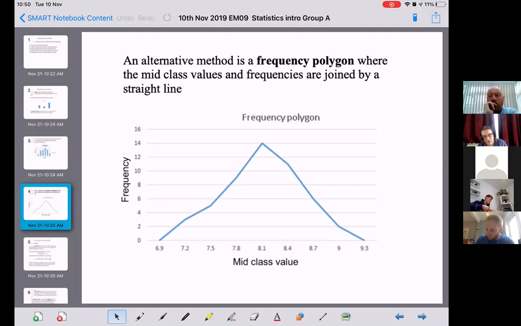So you've got the mid-class values on the x-axis, the frequency on the y-axis, and then you plot your points like here, here, here, there, there, and so on, and join the dots. Okay, and you can do that in Excel or any other spreadsheets available.